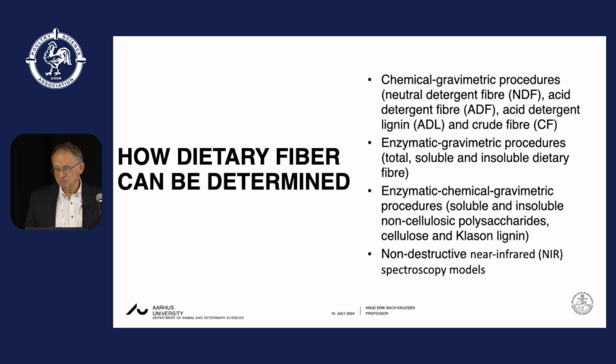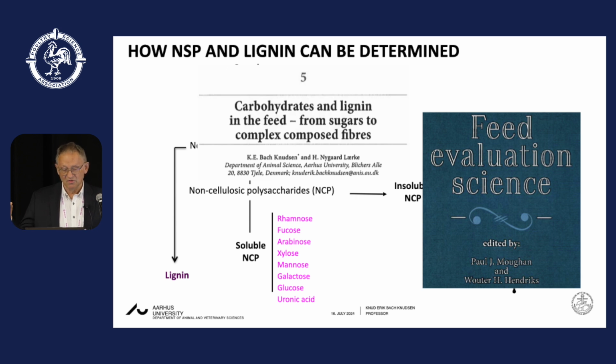And then we also have the NIR methods, which are under development this year. Just briefly on how to determine this, essentially you remove starch and sugars from your samples, then you perform acid hydrolysis and separate the fiber components into cellulose, soluble and insoluble non-cellulosic polysaccharides, and also lignin.